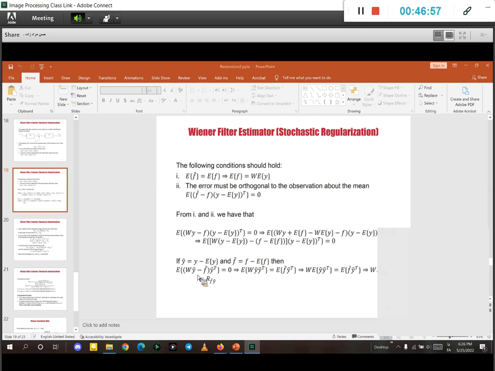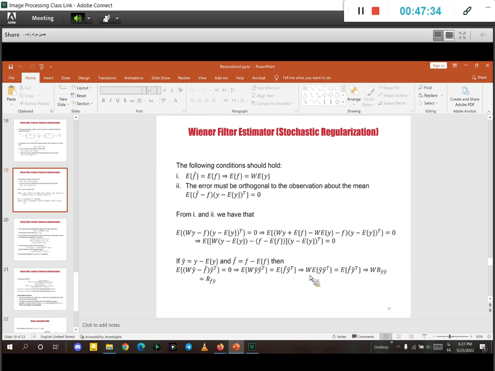And going to the next slide, that means W Y hat transpose. The expected value of W Y hat transpose is equal to the expected value of F hat Y hat transpose, and W goes outside the expected value of Y hat transpose, because this system isn't stochastic.